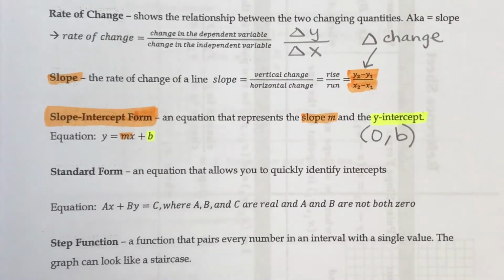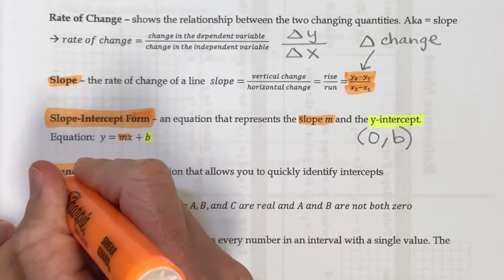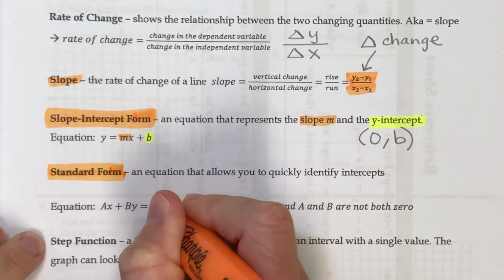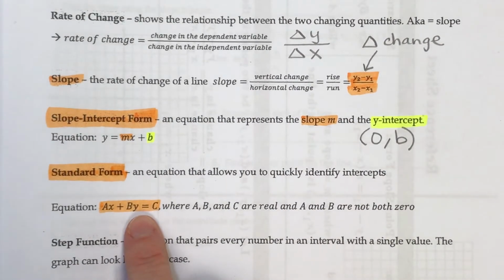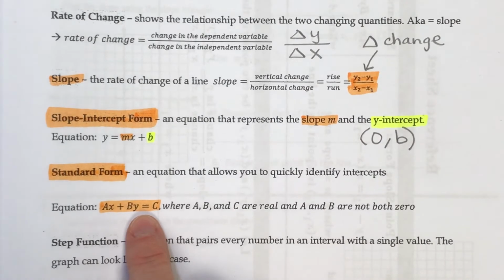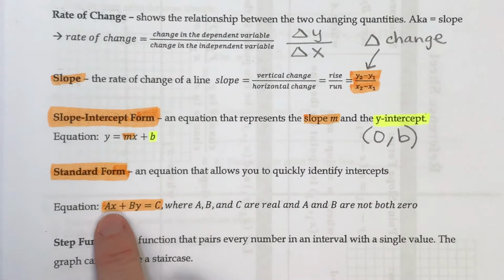Now, standard form is also another way of writing the equation of a linear function, and this is the function here. It's ax plus by is equal to c, and this function is most useful to quickly identify intercepts of an equation. And there are a couple rules for this.